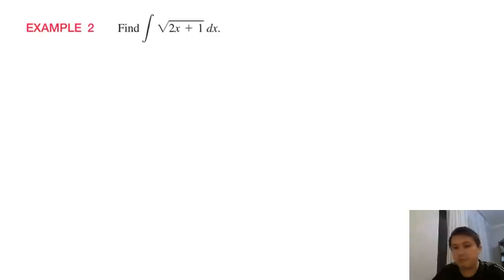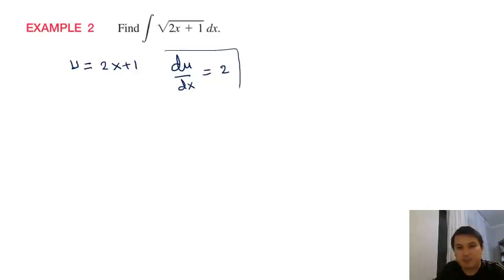Another example: the integral of the square root of 2x plus 1. What can we do? We can set u equal to 2x plus 1. Then du/dx is going to be 2. Usually, instead of writing du/dx equal to 2, we write du equal to 2 dx.